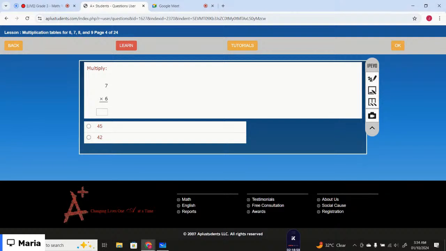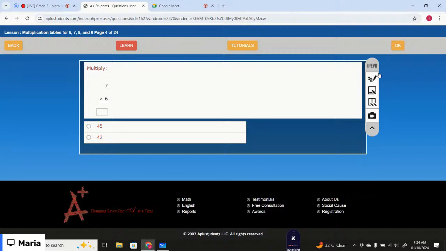Multiply 7 times 6, so which is the correct option? Seven times 6 is 42.